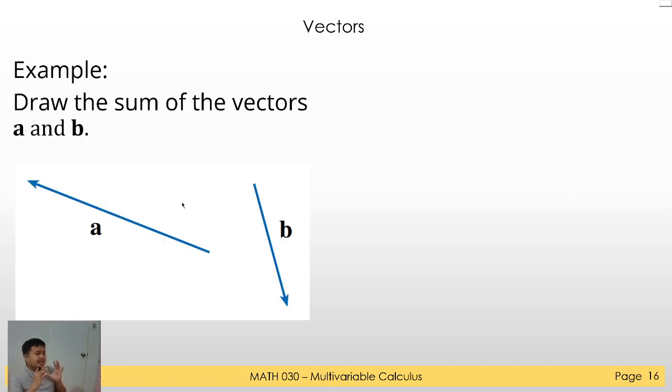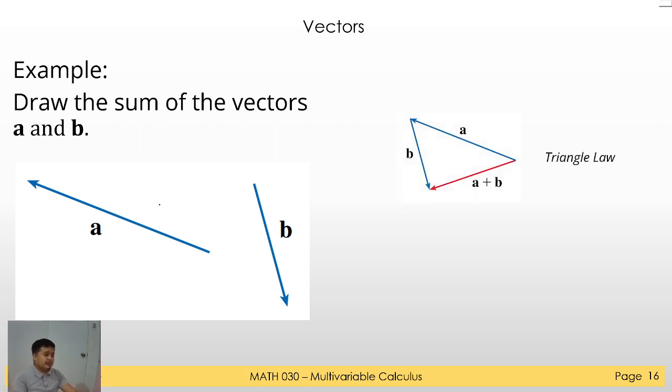Now, recalling this concept, if instead of u and v we have vectors a and b, how do we draw the sum of a and b? To add these two vectors, we just connect them together. We have vector a, and then connect vector b.